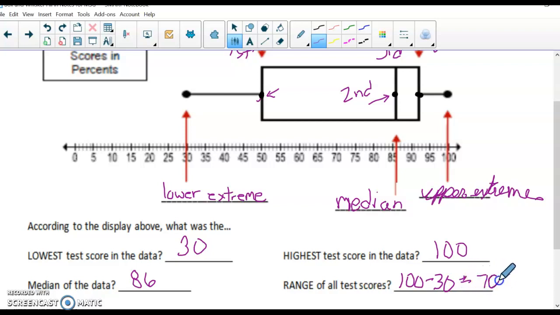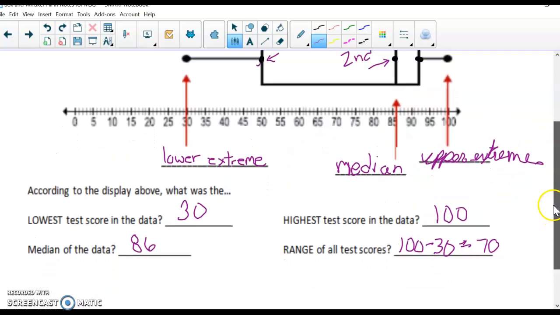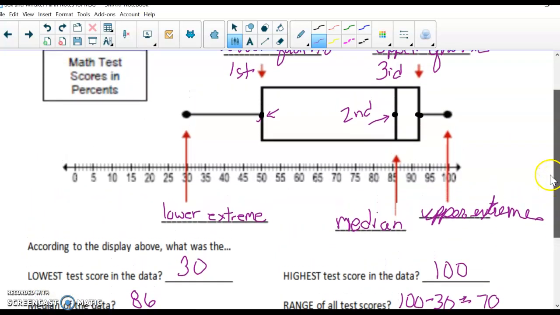That tells us that our data is very spread apart to go from 30 to 100. Now we're talking about measures of variability or measures of spread. Before, when we were doing mean, median, and mode, we were talking about measures of center, okay?